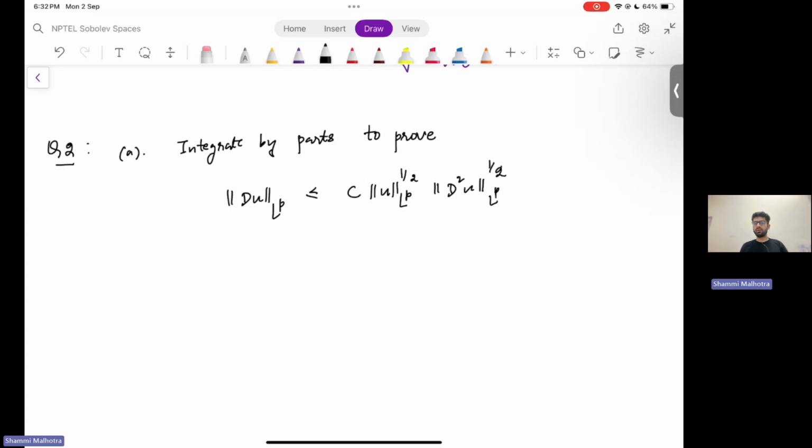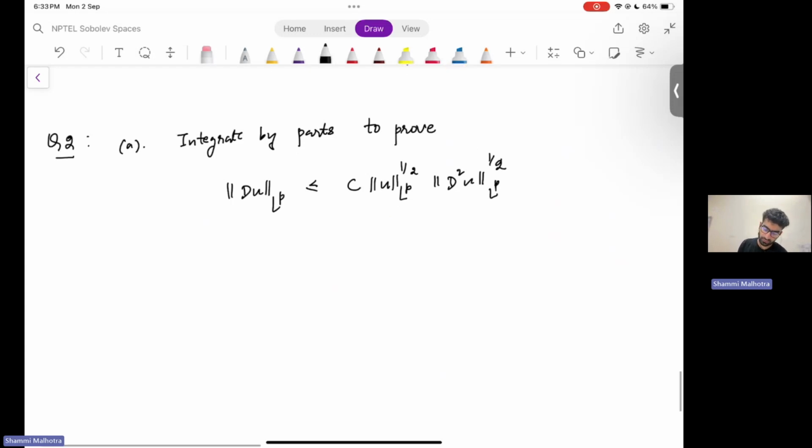So the same sort of inequality, but now instead of L2, we have it for the Lp space, and it holds for all p greater than or equal to 2 and all u in C infinity.